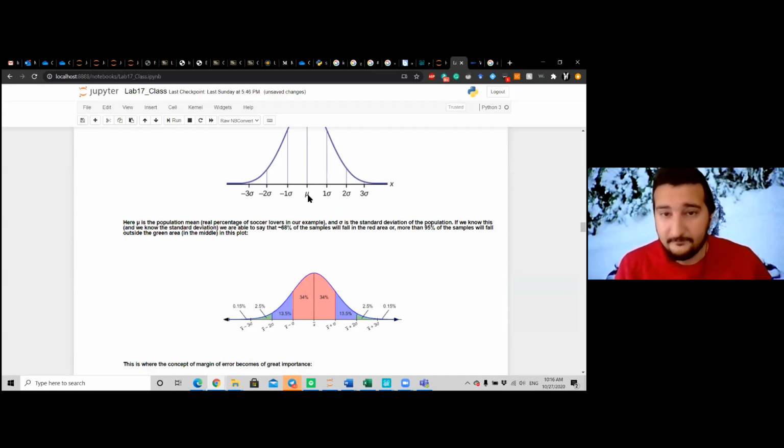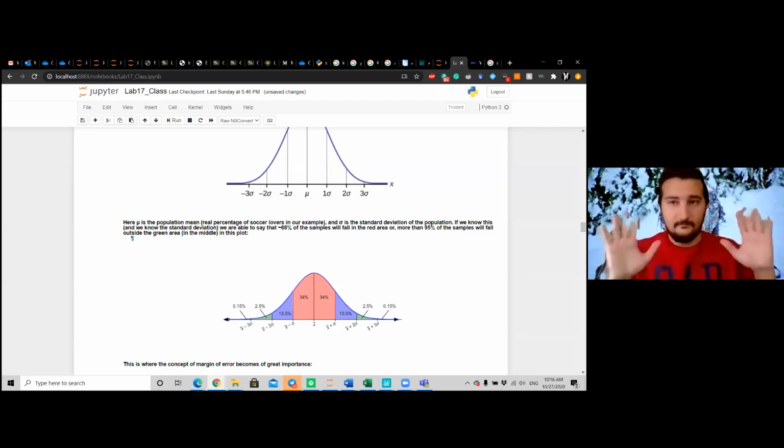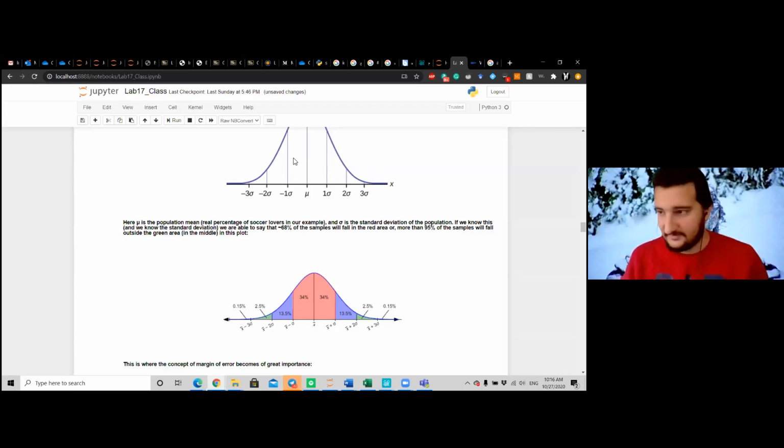We are saying that by moving from my mean to the right and to the left with the distance of 1 standard deviation, I will be able to capture 68% of my samples. If I go one step more to the right and one step more to the left, I will be able to cover 95% of my samples. Hold it here and let me know if you have any questions or confusions about these two plots. These are extremely important.